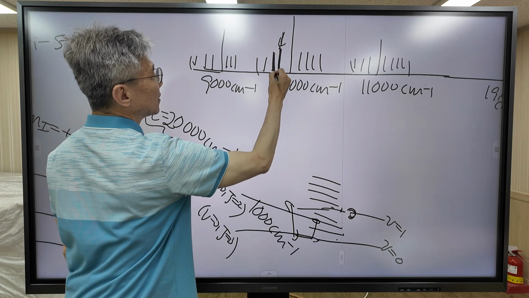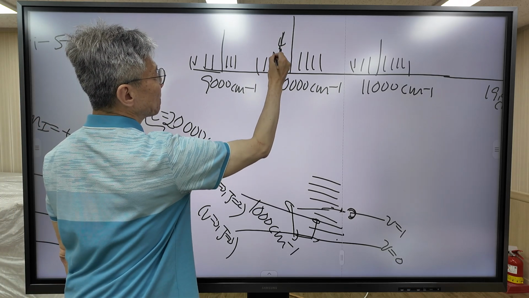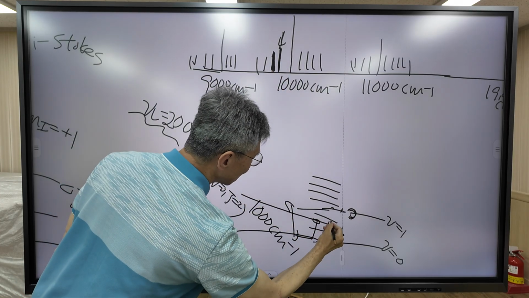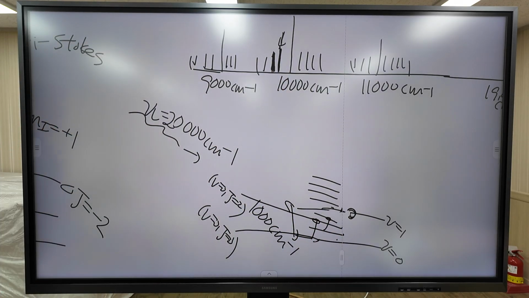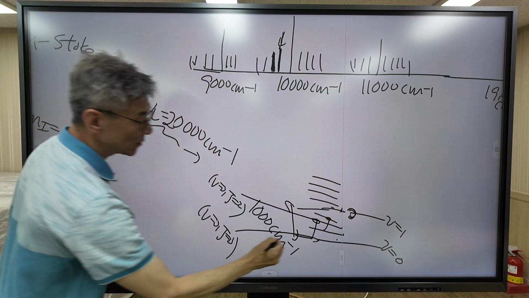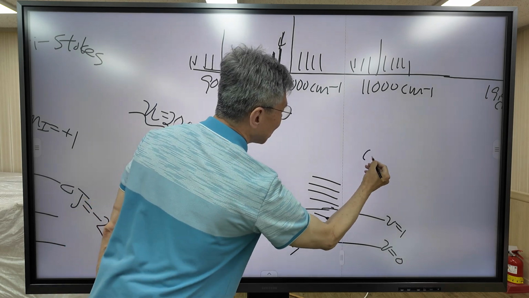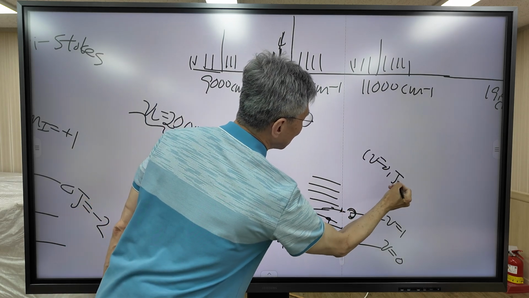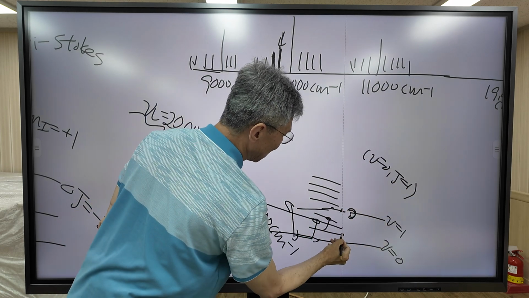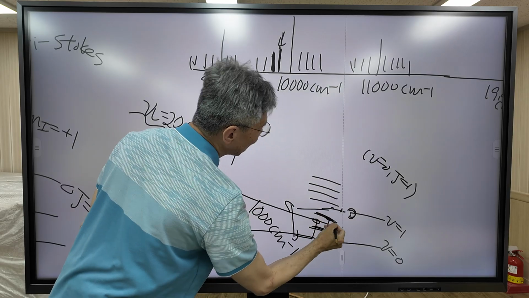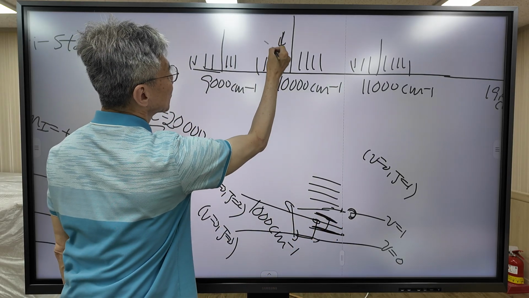What does this peak correspond to? This peak corresponds to this transition. Initial state is V equal 0, J equal 1. What is the final state of this transition?